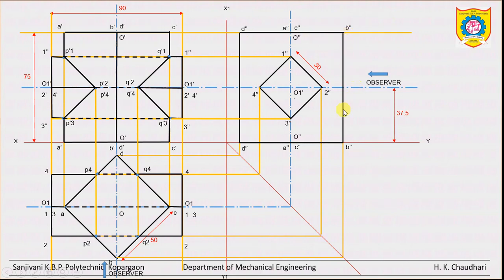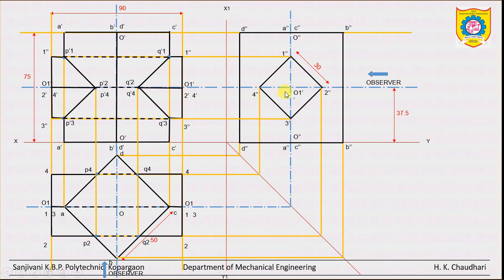And now see, this 1, 2, 3 and 4, it is actually the hole made in the vertical prism. So this edge A and C, they are appearing up to point number 1 from top, clear, and from bottom up to point number 3, and inside there is a hole.